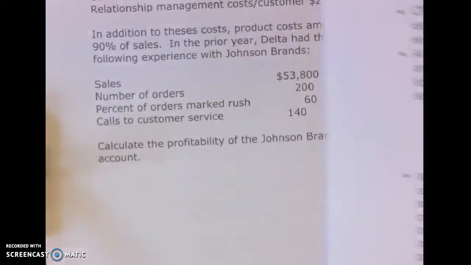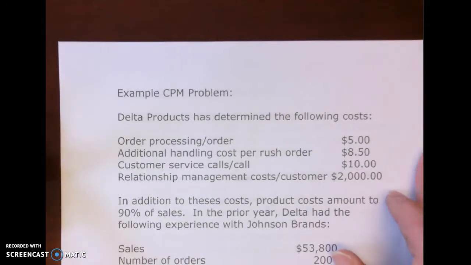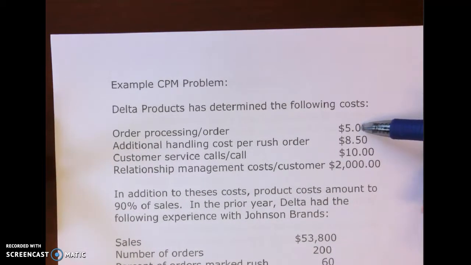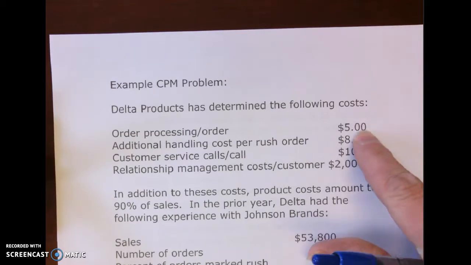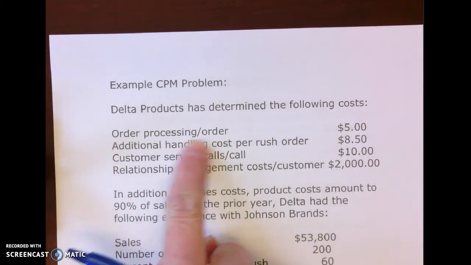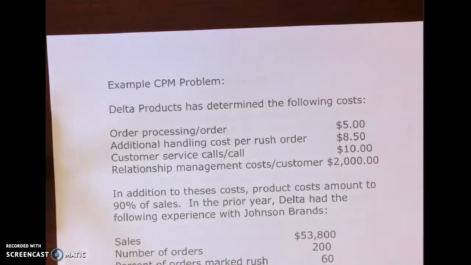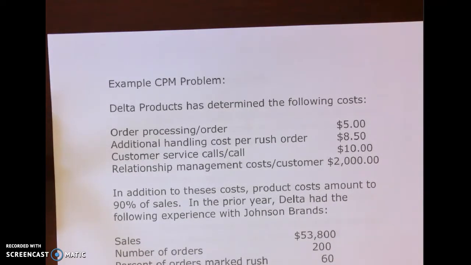Okay? So let's go ahead and take a look at our example here on page 17 of your notes. Our Delta products has the following costs. We have our order processing cost per order. What we probably did is we went back through and asked how much cost we incur to process orders, the total amount of costs, and then we said, all right, we think we're going to fulfill 1,000 orders, for example.